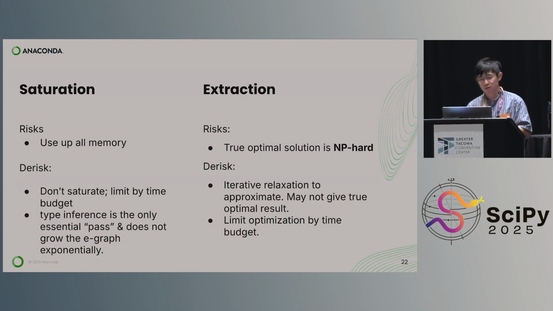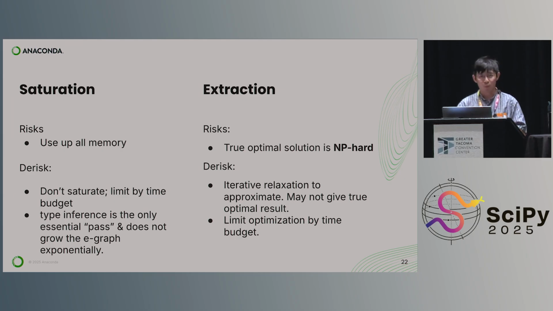For saturation, as the graph grows, and if you remember the table of Catalan numbers, it can easily eat up all your memory. Extraction is actually like a traveling salesman problem. It's an NP-hard optimization problem. But for us, we can easily de-risk it.